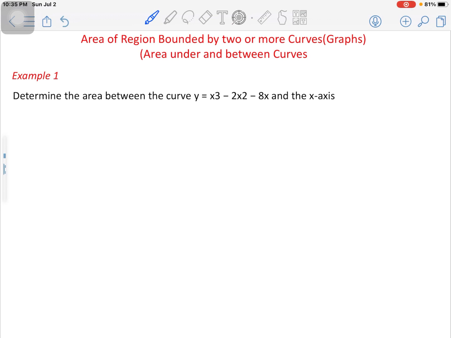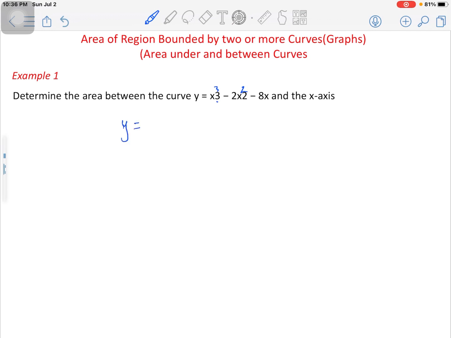So assuming that you have been given a question like: determine the area between the curve y equal to x power 3 minus x power 2, minus 8x, and the x-axis. Please pardon me for that, it didn't come out well.